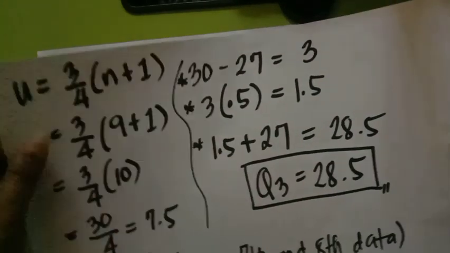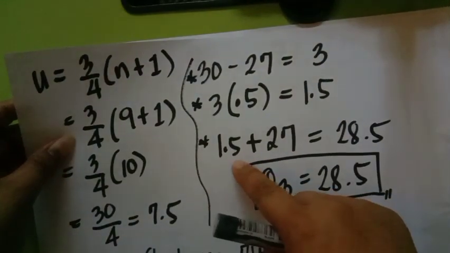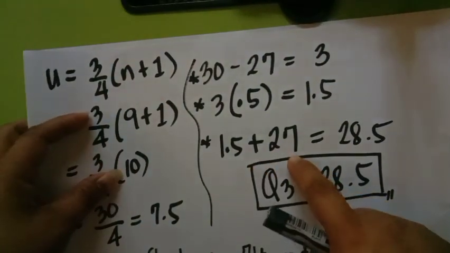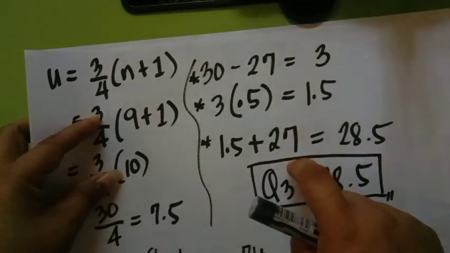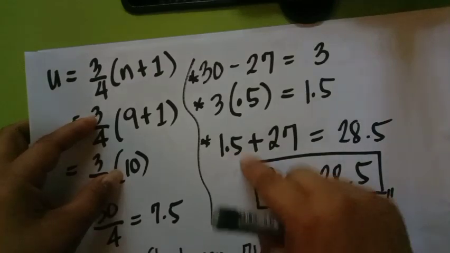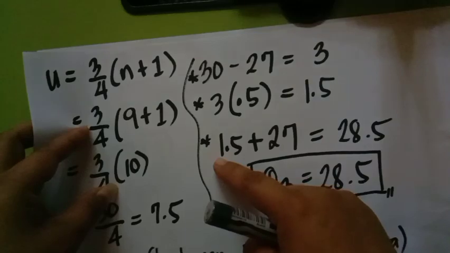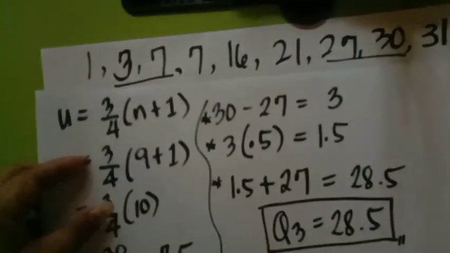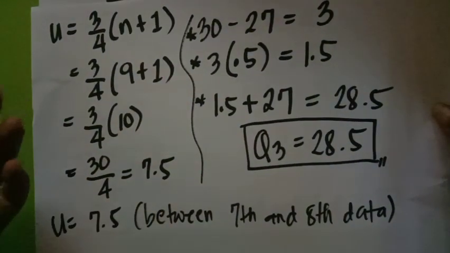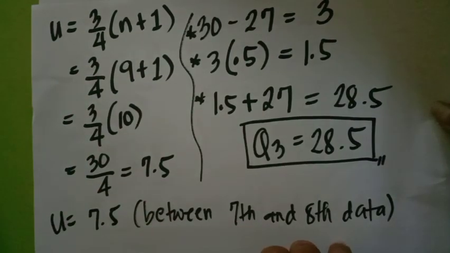It makes sense. Kasi, dito tayo sa third step, yung 1.5, bakit sa 27 or sa lower data ninyo, ia-add? Hindi doon sa upper data. Kapag yung 1.5, ini-add sa 30, the upper data, ang makukuha natin is 31.5. Magkakamali na tayo sa sagot natin kasi noong hinanap natin yung position ng third quartile, ang sabi, the third quartile is just between the 7th and 8th data.